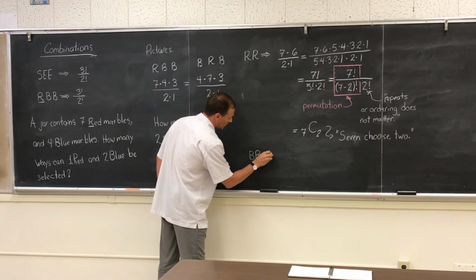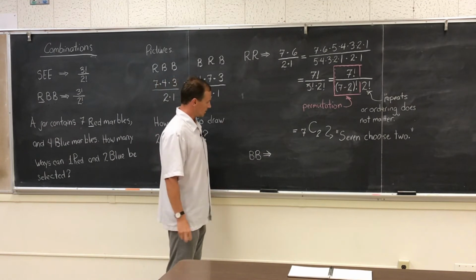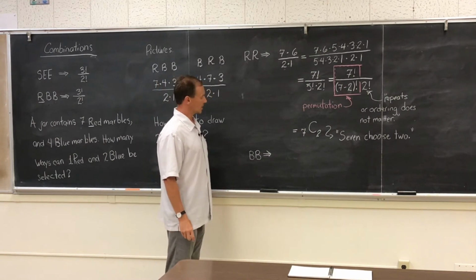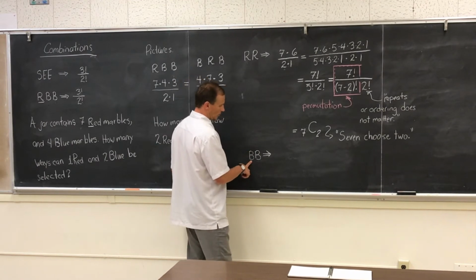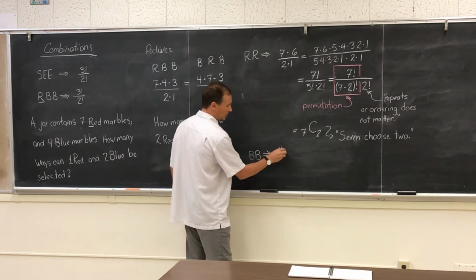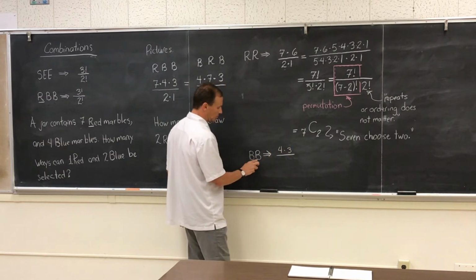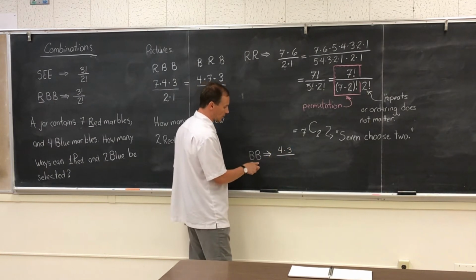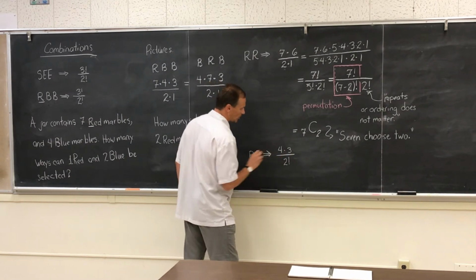Okay, just drawing 2 blues. We're not even interested in the reds. Well, we could do this problem 2 different ways. We could say that there's 4 blues, and then we've selected one, so now there's 3 blues. And we could also say that those blues are just repeats, or the order of the blues doesn't matter, so we would divide that by 2 factorial.